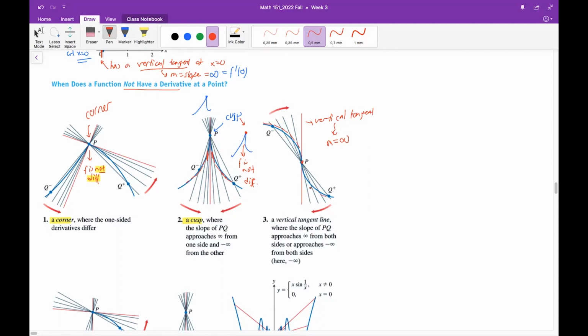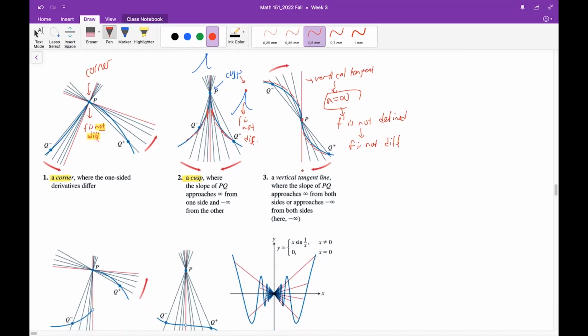You see, starting from here, from left or right, if you draw tangent lines and approach drawing them at exactly the point B, you start obtaining a vertical tangent line. That's why the slope is infinite, and that's why your first derivative function is not defined there. That's why f is not differentiable for such points where you have vertical tangents.